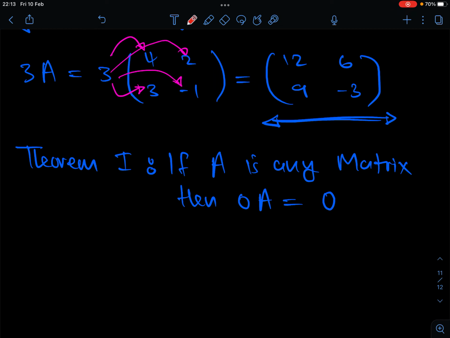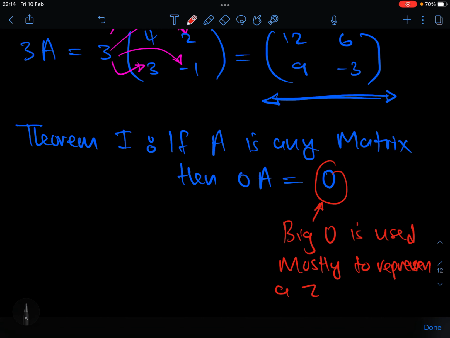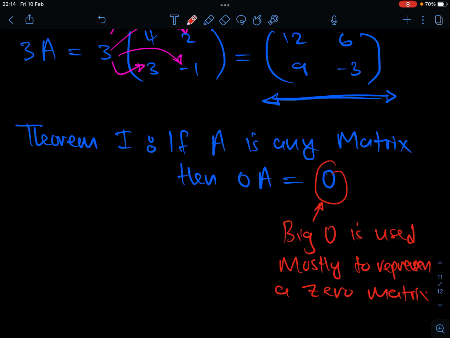Big O is used mostly to represent the zero matrix. So every time we see a big O in this subject, just know that it's representing a zero matrix most of the time.